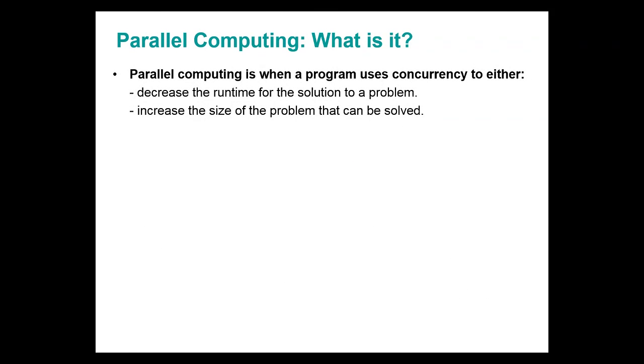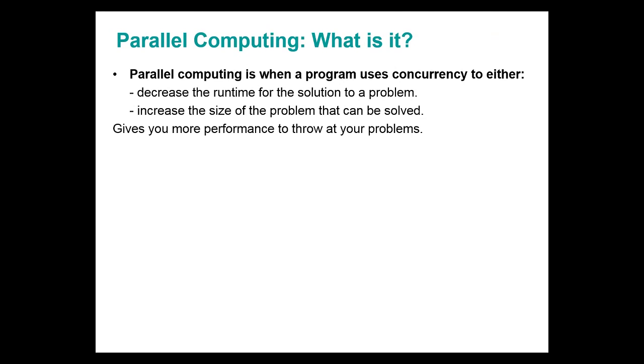So parallel computing, what is it? There are many reasons to do parallel computing, and simply speaking, you can put them in two ways. You either want to decrease the runtime for the solution to a problem. Say your code may have to run for weeks on one CPU, and if you use 100 CPUs, you hope it can be finished in hours or in days.